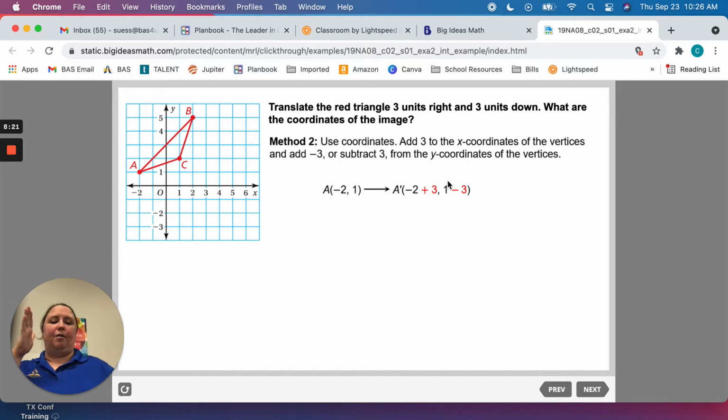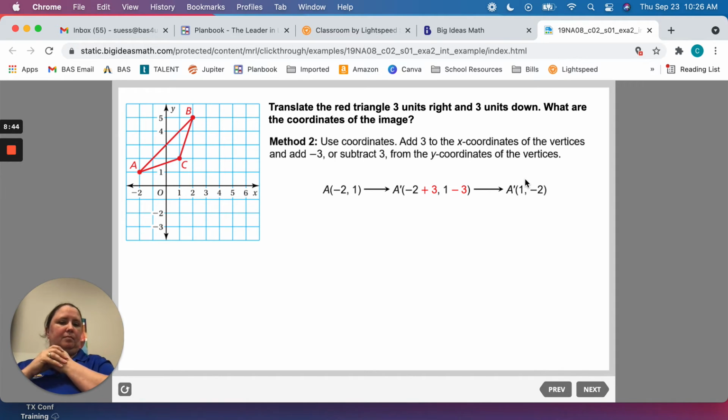And for the new y coordinate, we have to do 1 minus 3. So this is how you mathematically find the new coordinate. So what is -2 plus 3? 1. And what is 1 minus 3? -2. So here's the new point. Without us on the graph counting it, we just algebraically solved it.